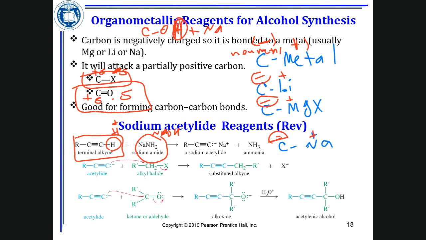Now you have the acetylide ion, where you have a negative charge on carbon and a positive charge on sodium. The acetylide ion, now acting as a strong nucleophile, can react with an alkyl halide or a carbonyl compound. If it reacts with an alkyl halide, this is the SN2 type reaction, and it is going to form a bond.